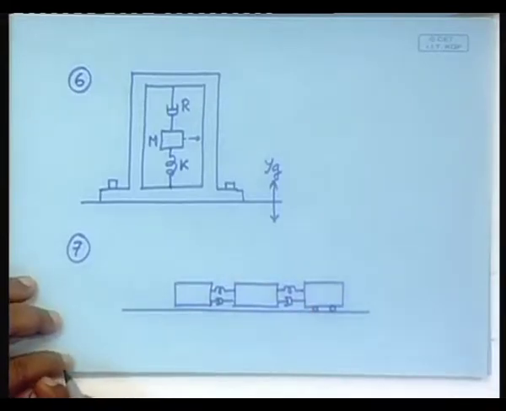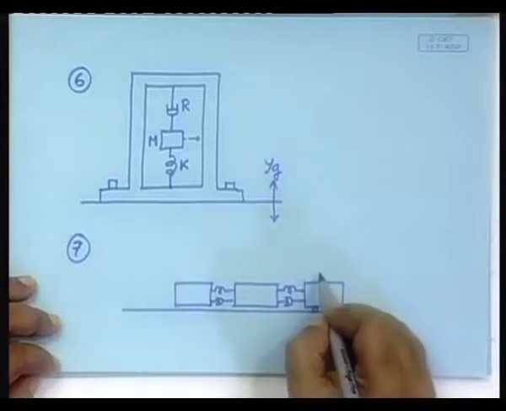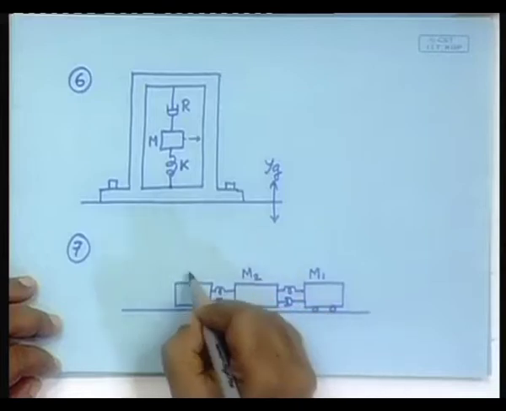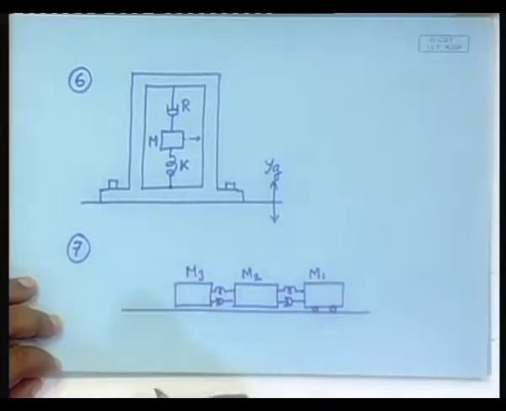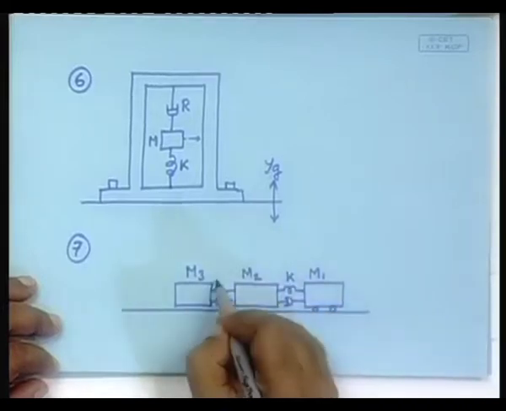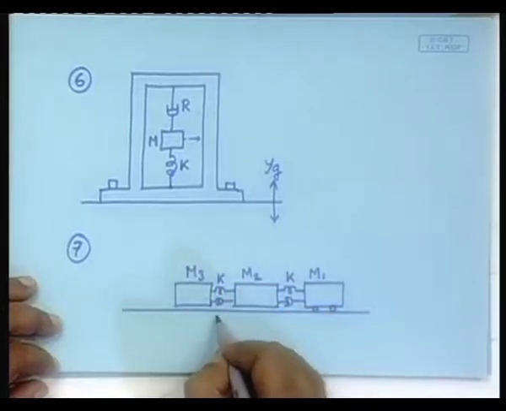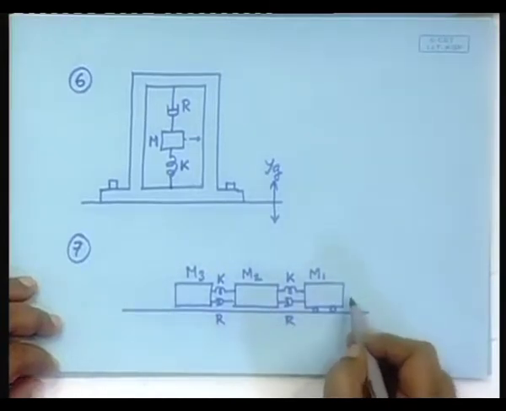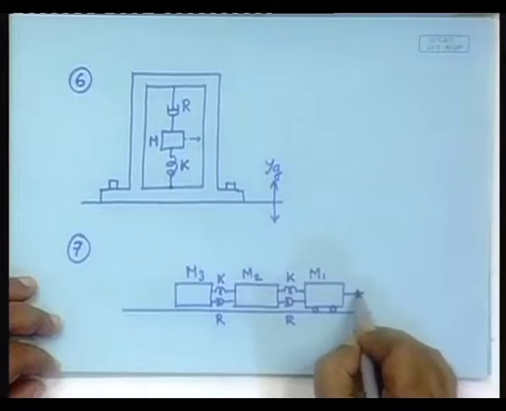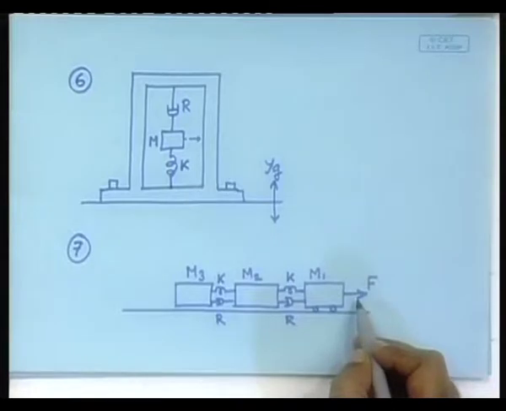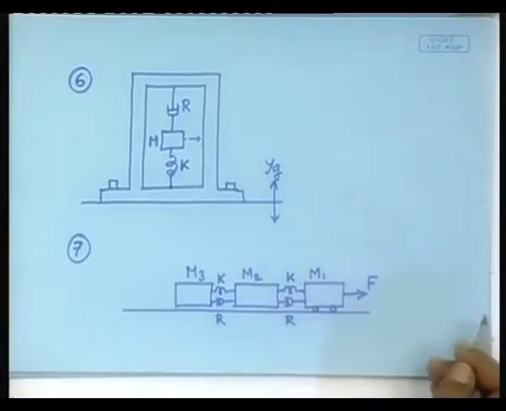So, you have three masses M1, M2 and M3. There are two springs, let them be equal. So, K and K. There are two dampers, let them be equal, R and R. And obviously, this fellow is pulled with a force F, that is the force provided by the engine. So, make a model of that.